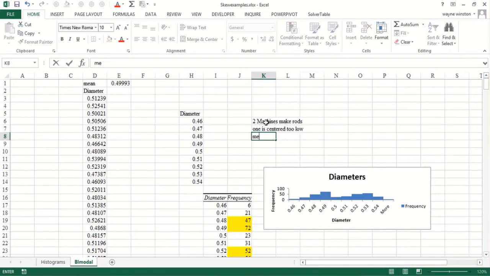Maybe the mean is about 0.48 inches or so, the mean is less than 0.5 inches, and one is set too high, the mean greater than 0.5 inches. So on the average, things come out right, but everything would be a defective rod, basically, if we needed to be very close to 0.5 inches.